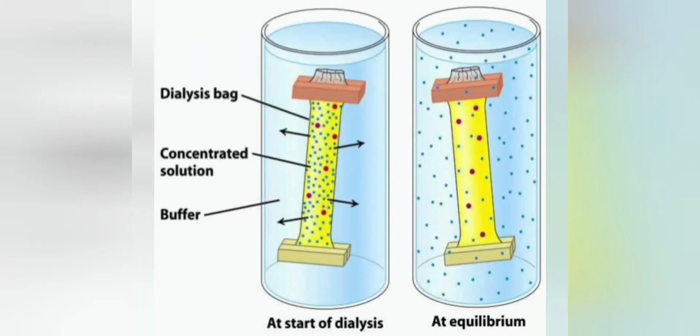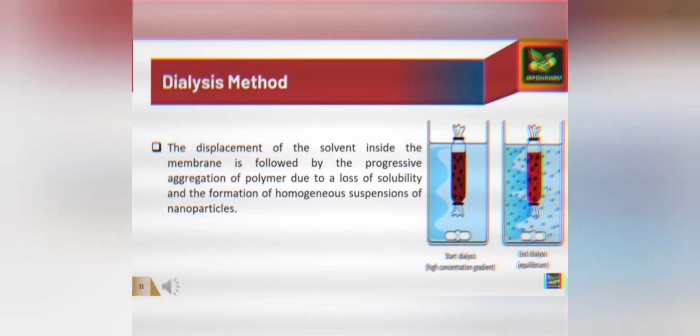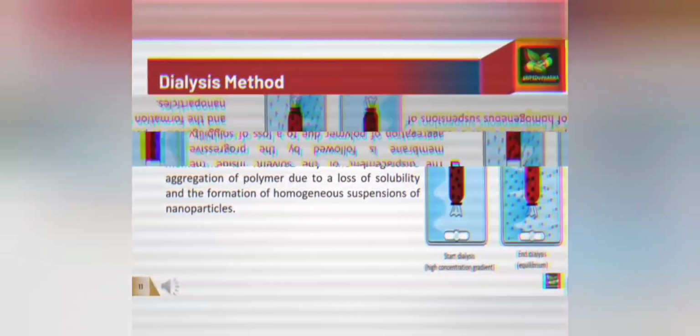The dialysis technique is a simple and effective technique for preparation of polymer nanoparticles with narrow distribution. Drug and polymers are placed inside a dialysis tube, membrane, after dissolving with water, miscible organic solvents which approximates the molecular weight cutoff.